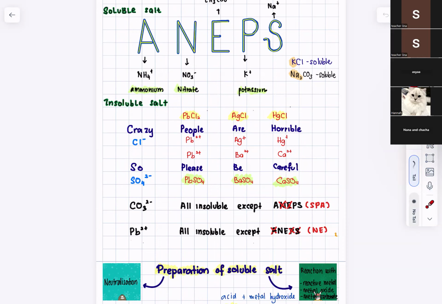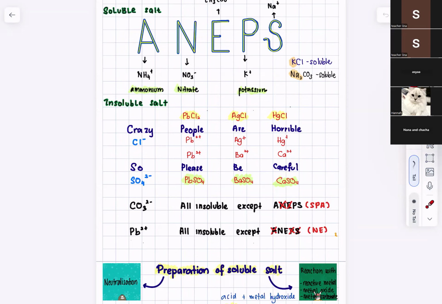Ammonium sulfate. Soluble or insoluble? Soluble. Okay. Barium carbonate. Insoluble.